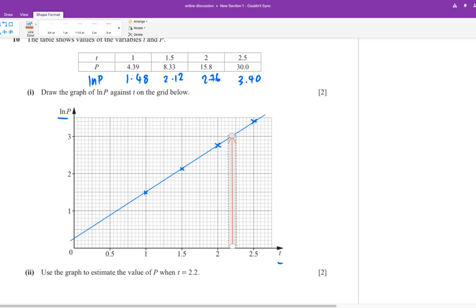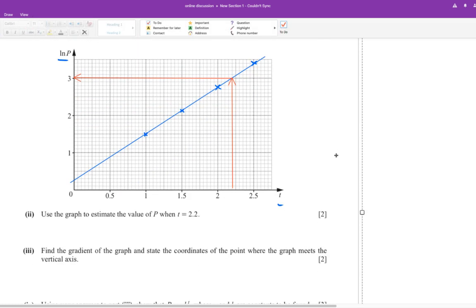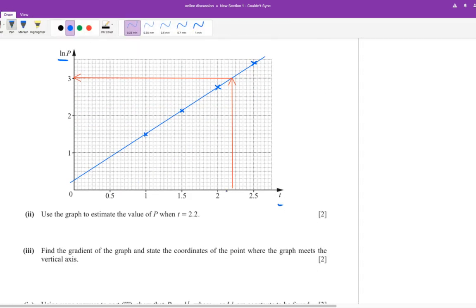When I touch over there, I will get a nice one. Yeah, it should be 3. You see carefully, when t is 2.2, I will actually get 3 here.